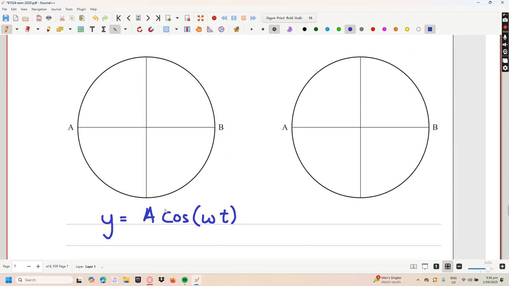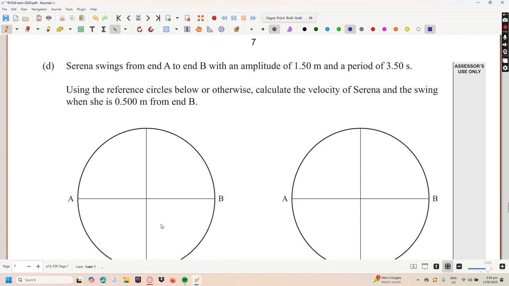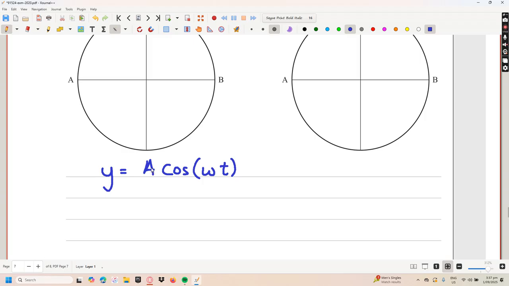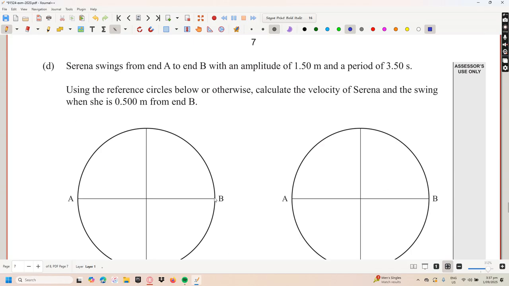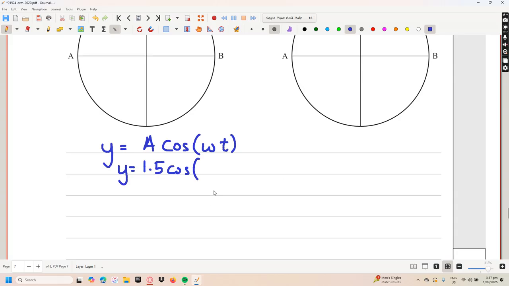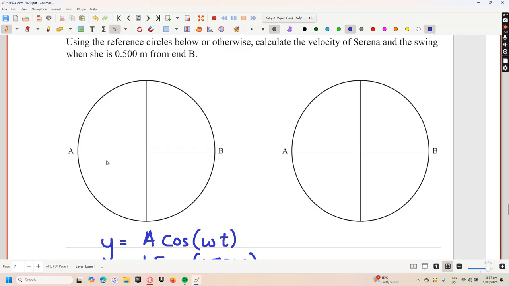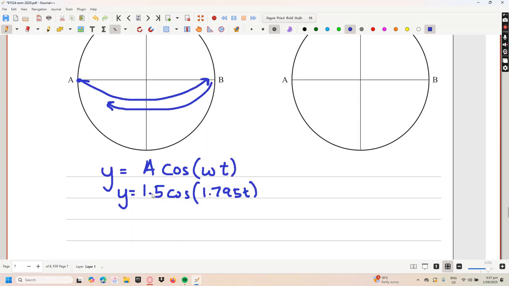This describes the displacement from equilibrium. So omega is 2 pi divided by the time period, so 2 pi divided by 3.5 comes out to be about 1.8, or 1.795. So this describes, if she starts at A and starts to swing towards B and then back, how far away she is.